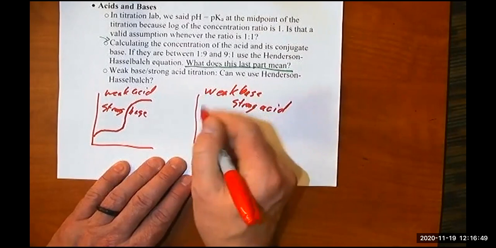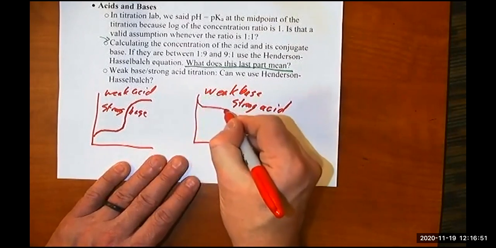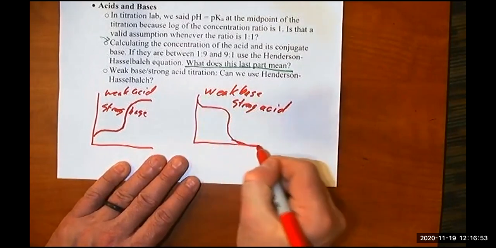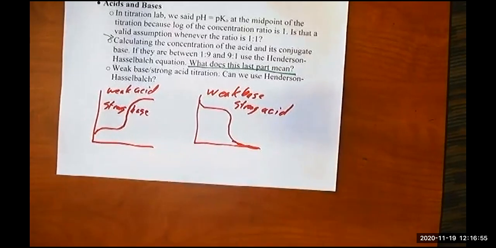You just have to make sure that you are tracking whether you are looking at pH or pOH, and you have to be tracking whether you have concentrations of hydronium or concentrations of hydroxide. And then also which of the standard reactions you're using. Are you using the standard base reaction or the standard acid reaction?